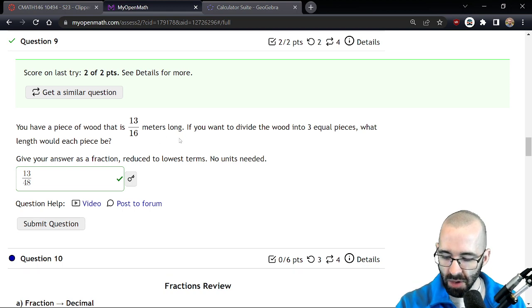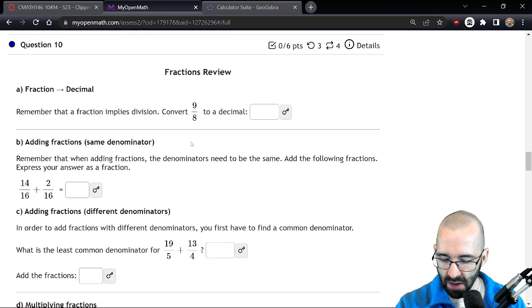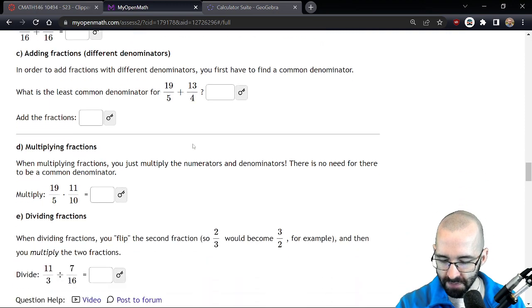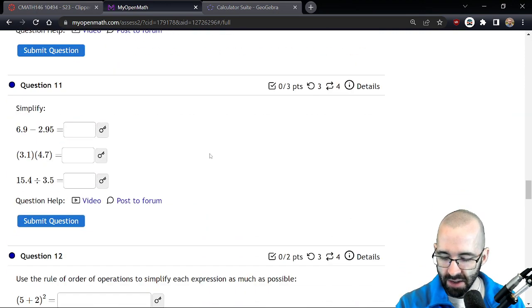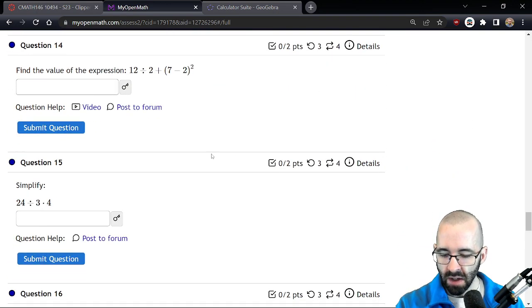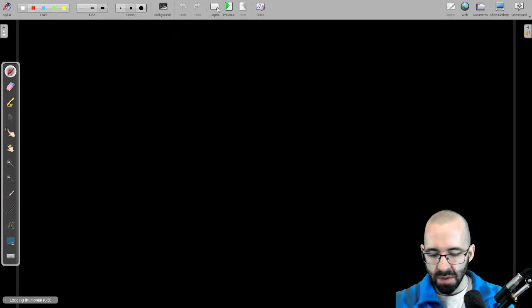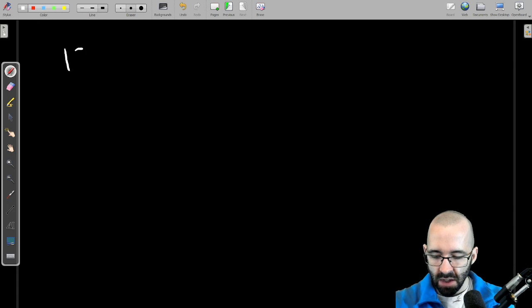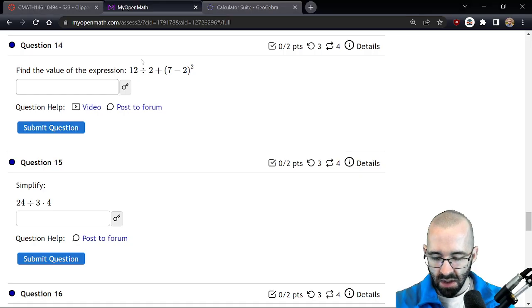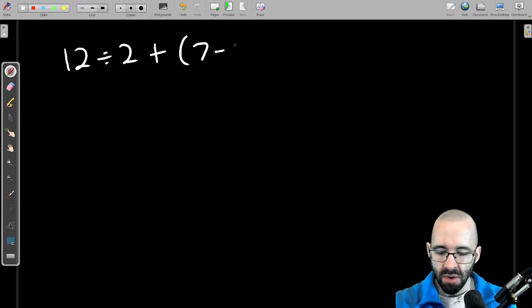All right, let's do 2 more problems. No, actually, we covered that one already. Let's look at number 14. Order of operations. If we want to do a problem like number 14, 12 divided by 2 plus 7 minus 2 squared.